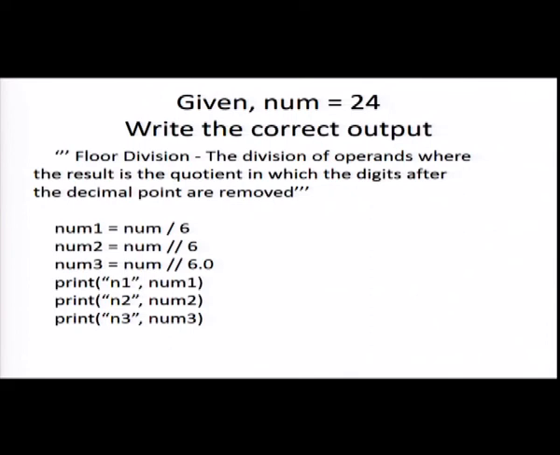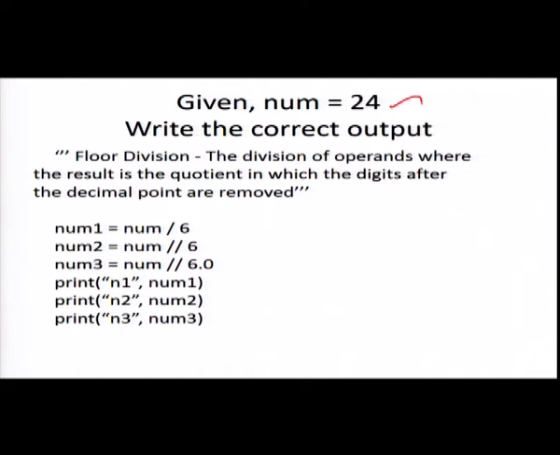Now, let us see about floor division and about the modulo. Floor division, what is a floor division? The division of operands where the result is the quotient in which the digits after the decimal point are removed. What does it mean? In my case, I have taken num equal to 24. I am going to calculate num1 equal to num by 6.